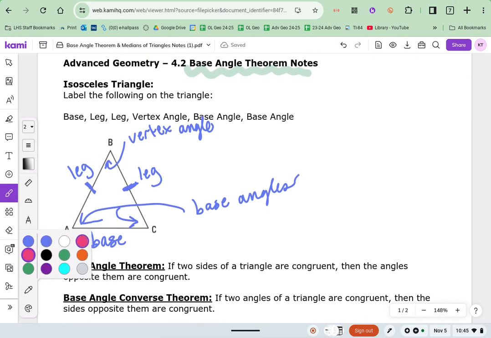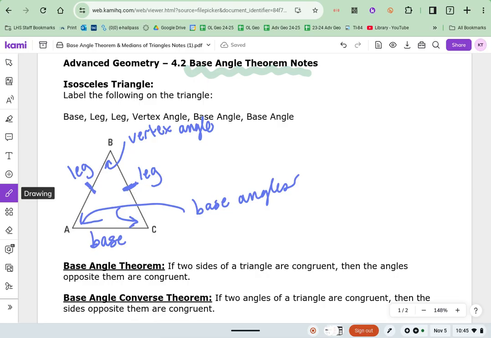And so we have these two awesome theorems that when I get back, we'll be adding them to your purple proof toolkit sheet at some point, so you can go ahead and bring that to class next time. But the base angle theorem says that if two sides of a triangle are congruent, so like if we know this much about a triangle, that they're congruent, then we automatically know that the base angles are also congruent.